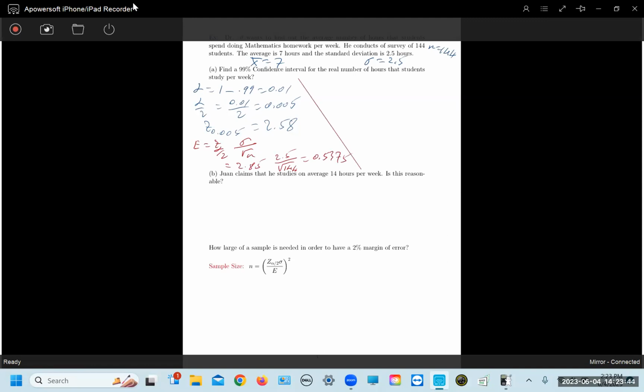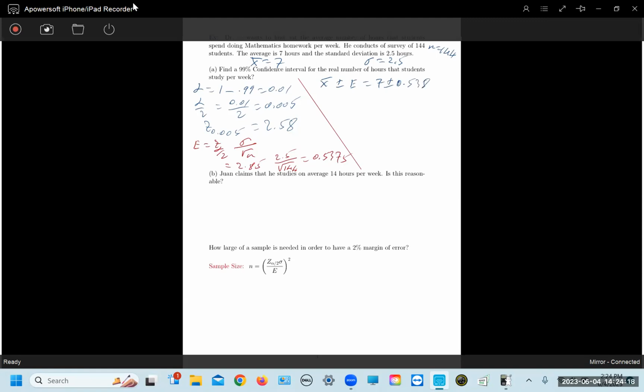So now we can say x bar plus and minus e equals 7 plus and minus 0.538.